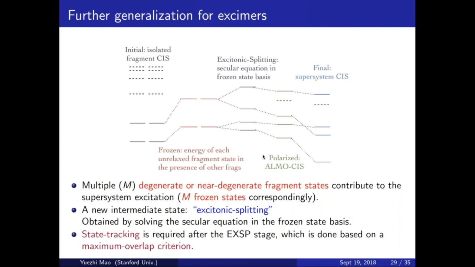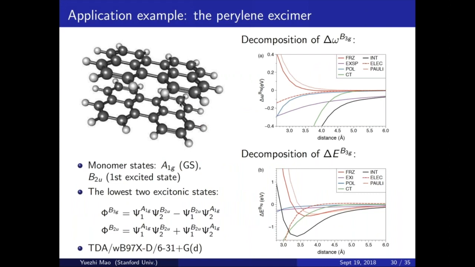Also, in the ALMO-CIS or full CIS calculation, there might be state crossing. For example, the original second excited state at the excitonic splitting stage might become the third or fourth excited state in the later stages. Here we do state tracking based on a maximum overlap criterion, so we do not mess up the states from different EDA stages. And this is an application example of this excimer EDA.